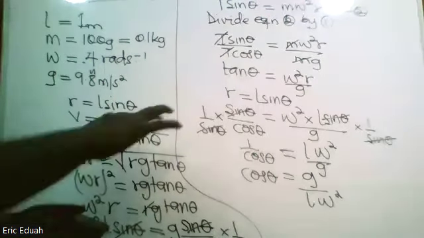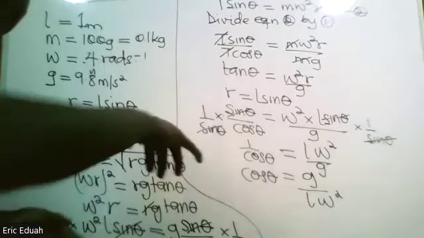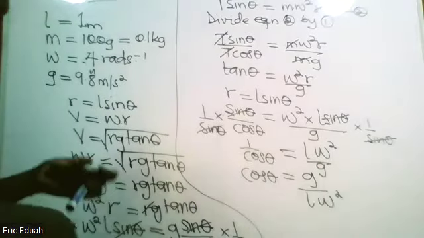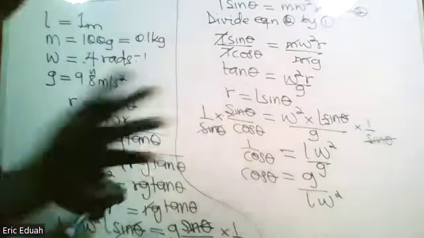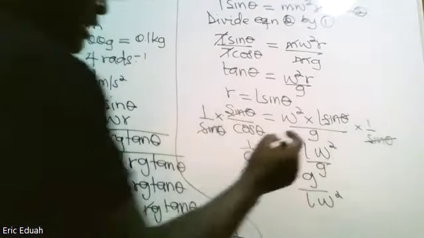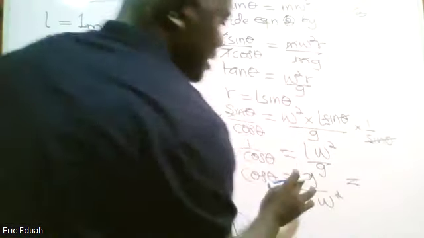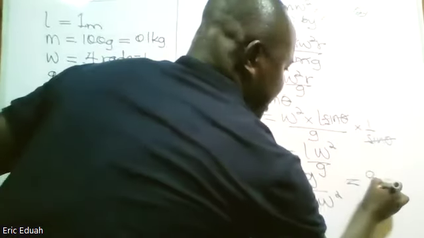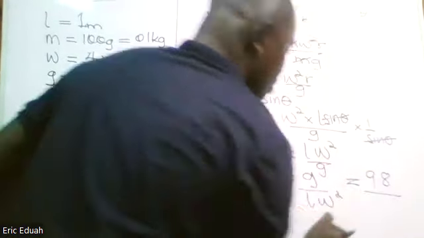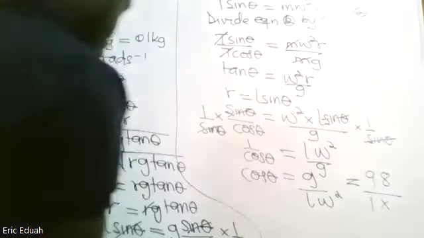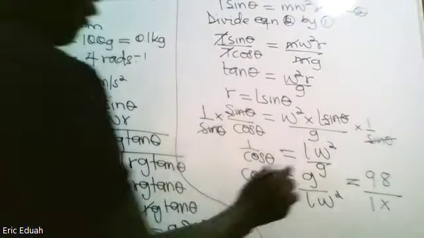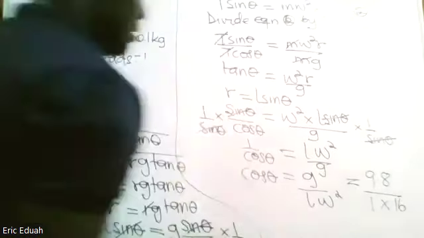So you must be able to think through and play around. Just try substituting this into this, see what you can get and all that. So G, which is 9.8, over L, which is 1, times omega, which is 4, so 16.